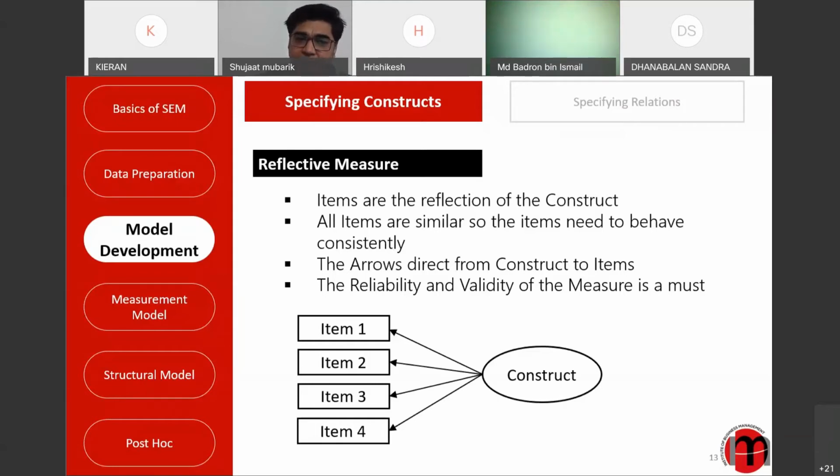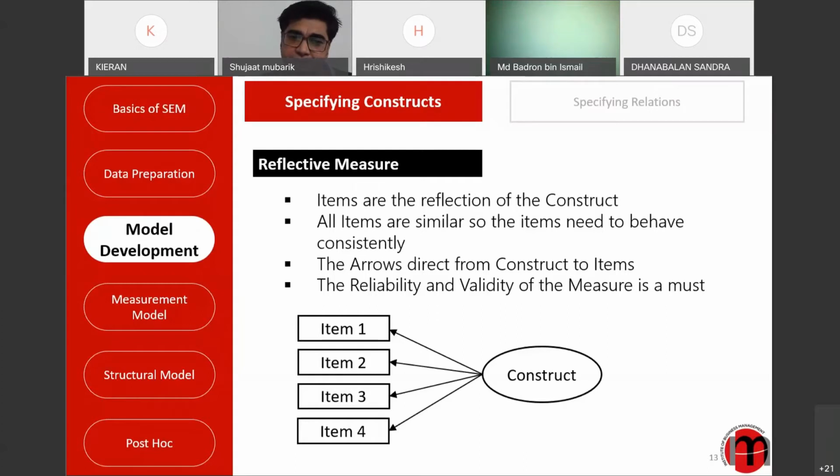I'm not sure whether this is a formative or a reflective construct. So what I can do in SmartPLS is make it a formative construct, and then go for the test called confirmatory tetrad analysis, CTA, which we'll discuss later on. That test will inform us whether the construct is formative or reflective.